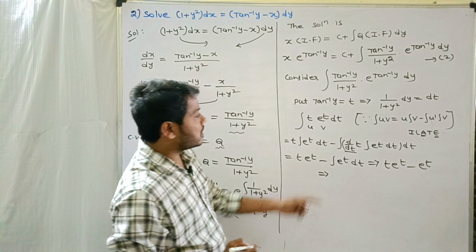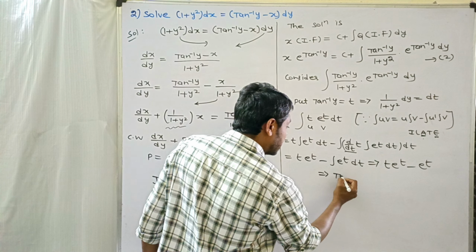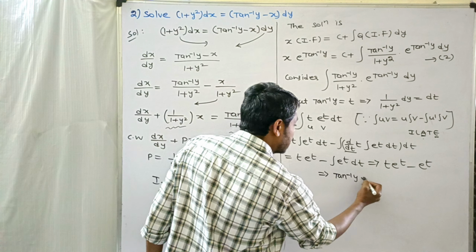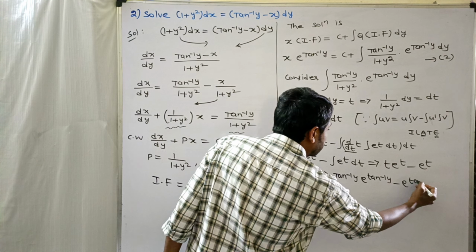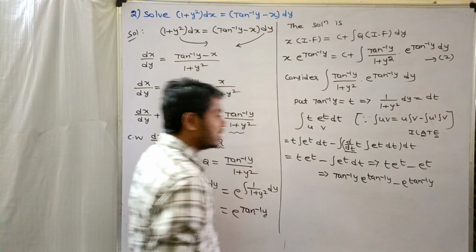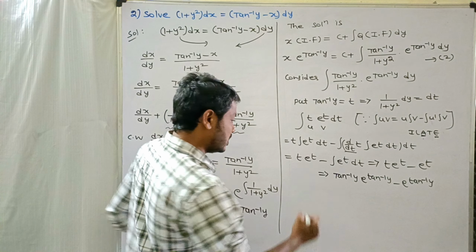Since t is tan inverse y, replace with it: tan inverse y e power tan inverse y minus e power tan inverse y. Substitute in equation 2.